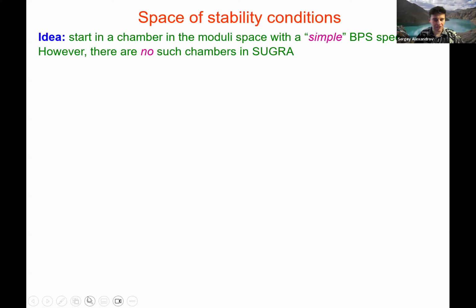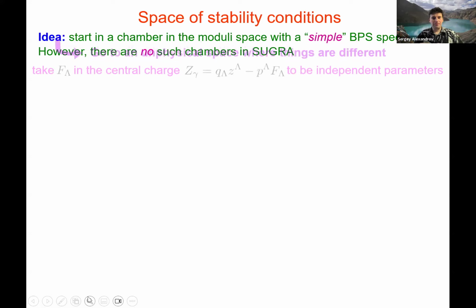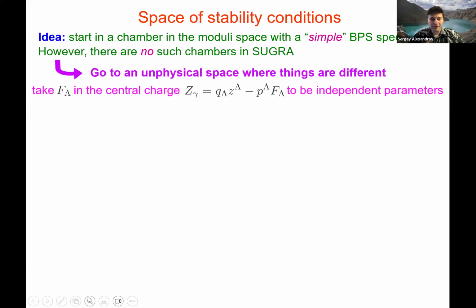But here mathematicians come to rescue us, because what they suggest is that if you're interested in all stability conditions, we can think about moduli space as a kind of space of stability conditions because they're parameterized by the moduli. But actually, the space of all stability conditions is larger than just the Kähler moduli space.